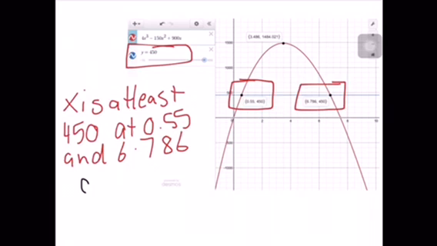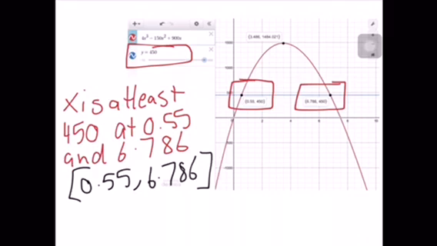0.55 and 6.786. They're both in closed brackets because they said at least. So 0.55 and 6.786 are included.